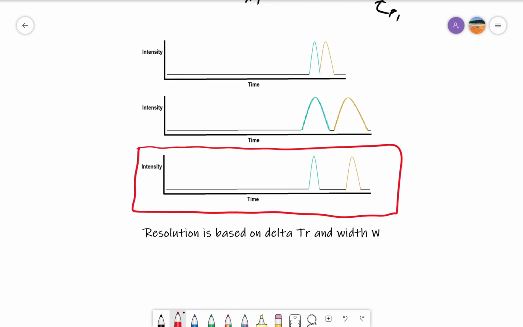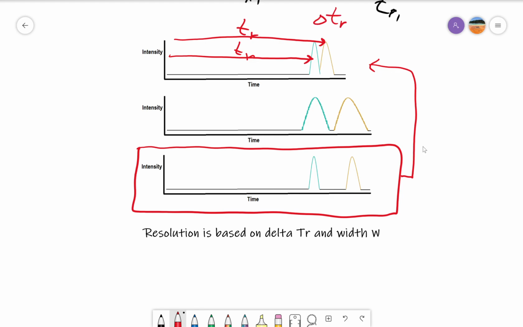If we think about why that is, it's really based on two different factors. Notice that the first chromatogram and the last chromatogram actually have about the same peak widths, but the difference in their retention times are different.